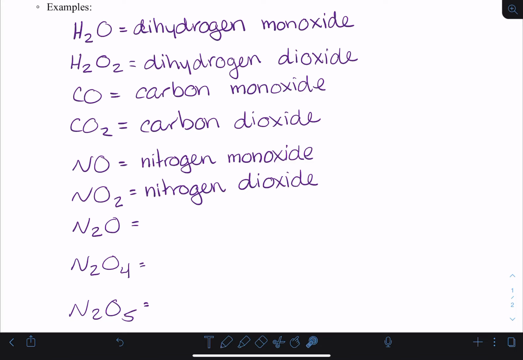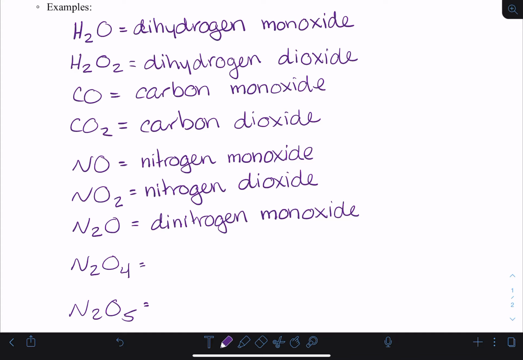For the third one, we now have two nitrogen atoms, so we're going to specify that by including the prefix di in front of nitrogen, and only one oxygen, so we use the prefix mono. So N2O would be called dinitrogen monoxide.